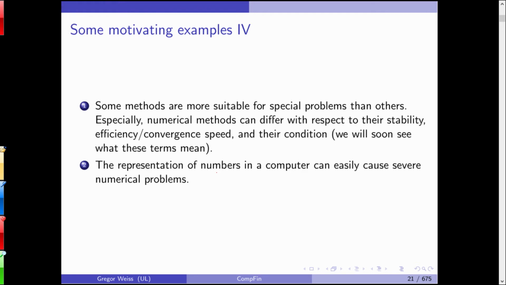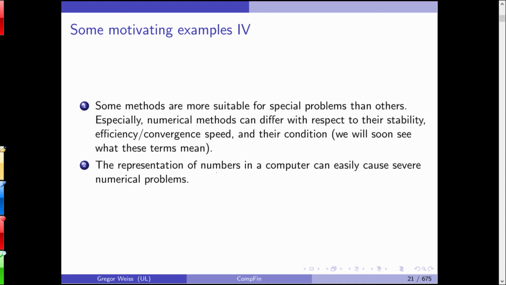Okay. Then I will shortly show you some examples for cases in which you will see that some algorithms, some numerical problems differ with respect to their stability, their efficiency, their convergence speed, and also their condition, and we'll see what that means.